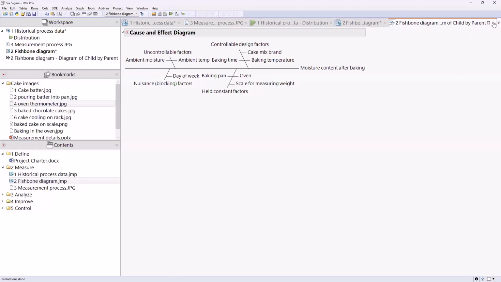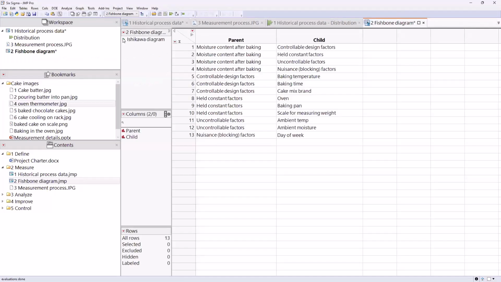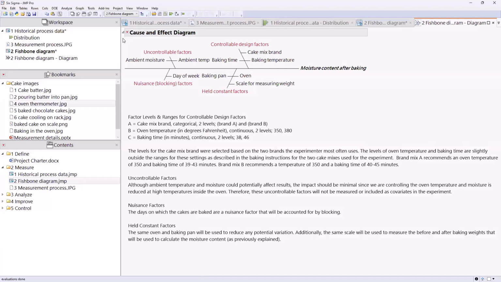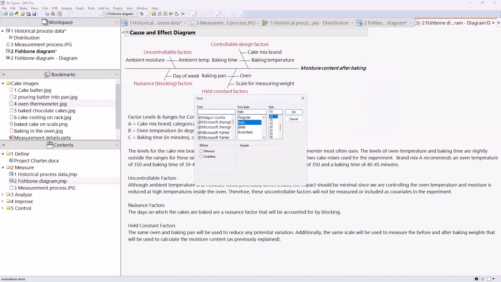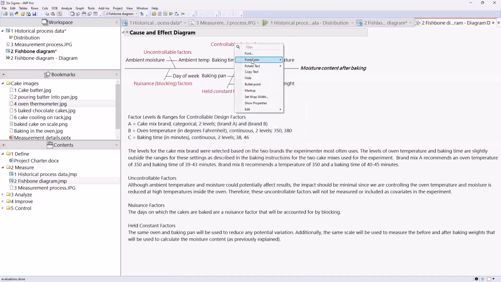Now I'm going to close this and go back to the script that I already have, because I added more annotations and made some edits to change the aesthetics to make it look how I wanted. By right-clicking, we have an option for font, and that's where I changed this to bold, or we can change the colors if we like. There are lots of options by right-clicking on the cause and effect diagram.